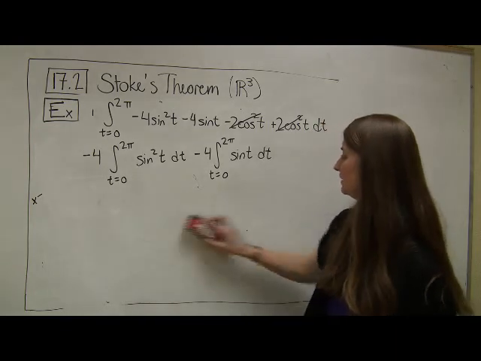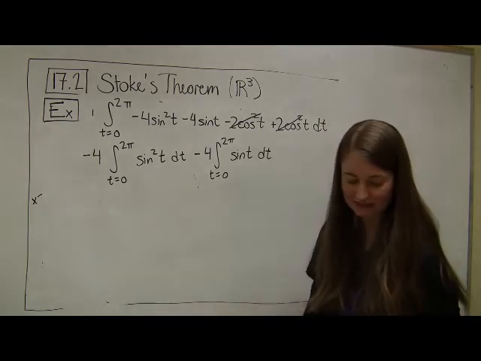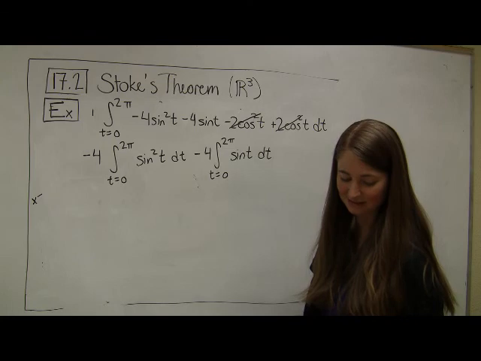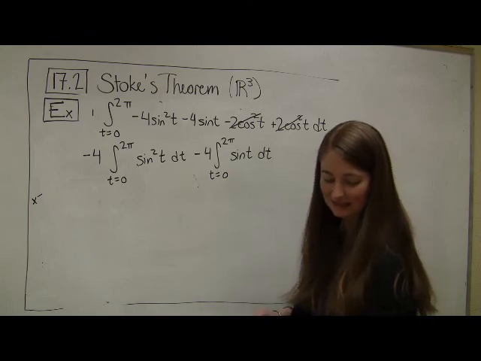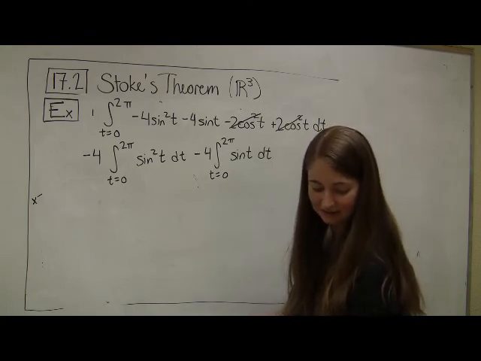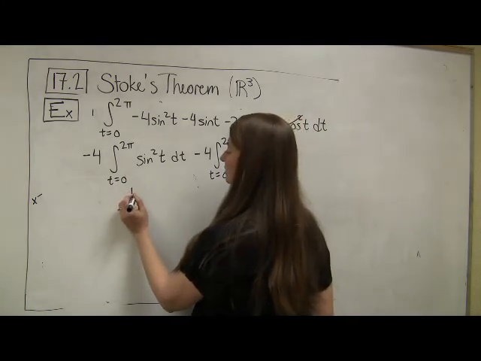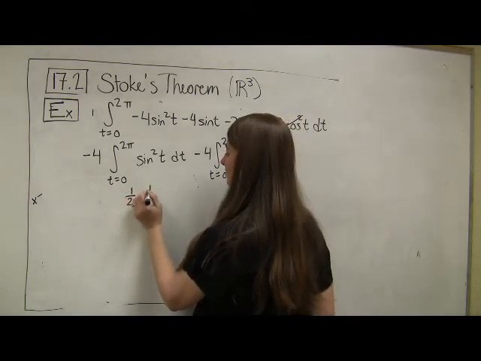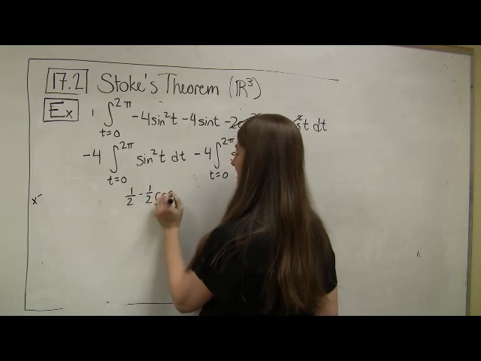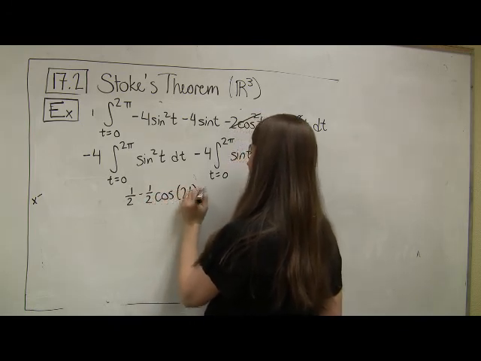So what's another way to write sine of t squared? I can recall, maybe I don't recall, this is the same thing as 1/2 minus 1/2 cosine of 2t. So I'm going to use a trig substitution and rewrite this as 1/2 minus 1/2 cosine of 2t dt.